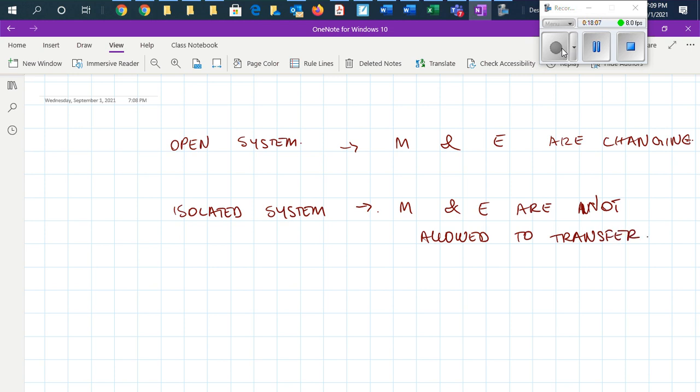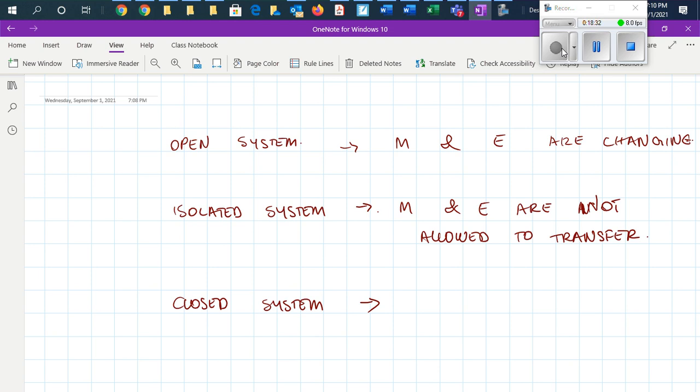And the third type of system, which is between those two, is known as the closed system. In this system, the energy is allowed to move, to transfer from one part to the other.